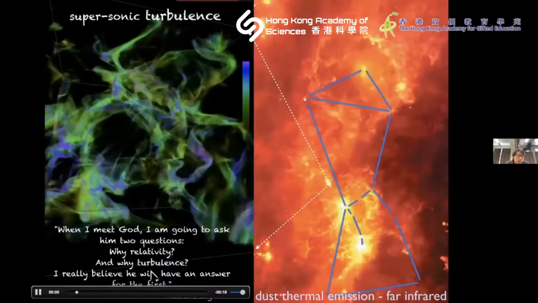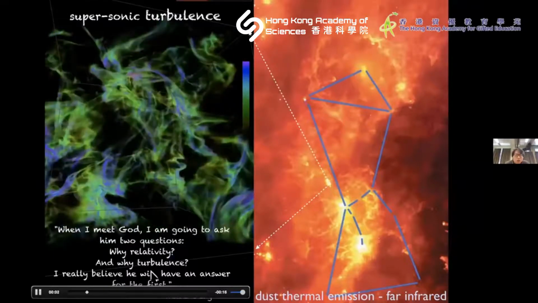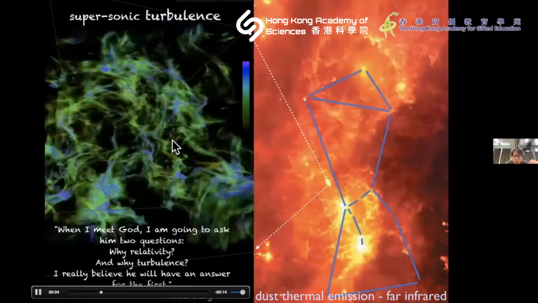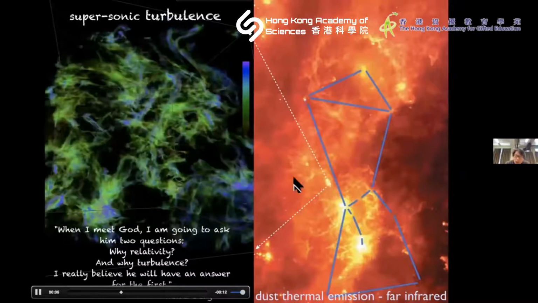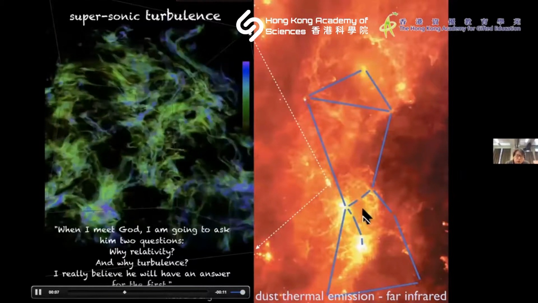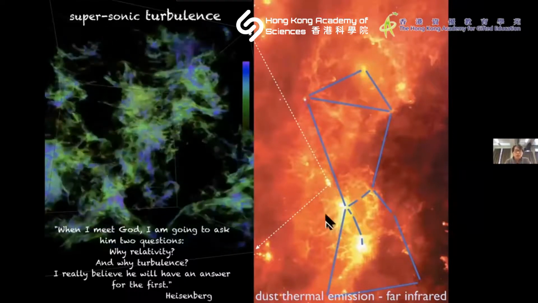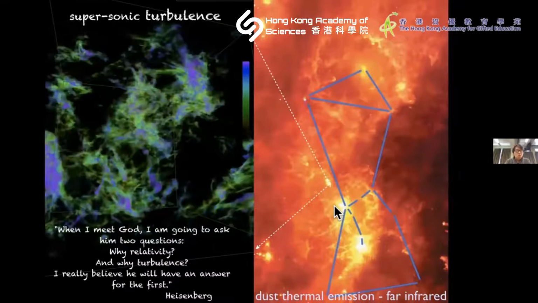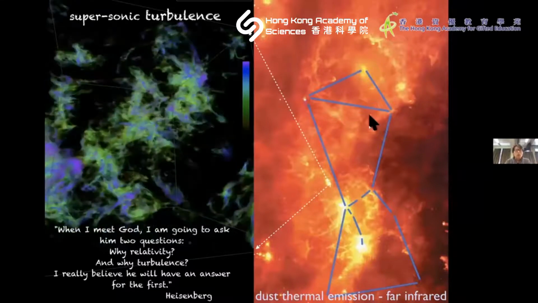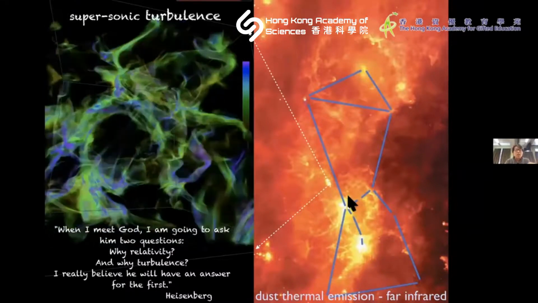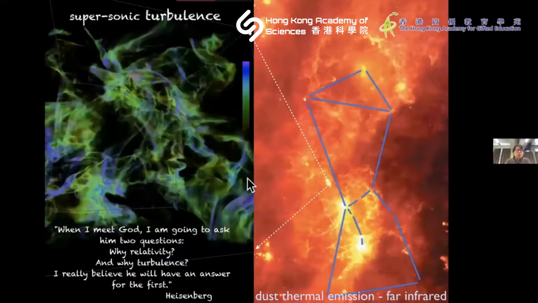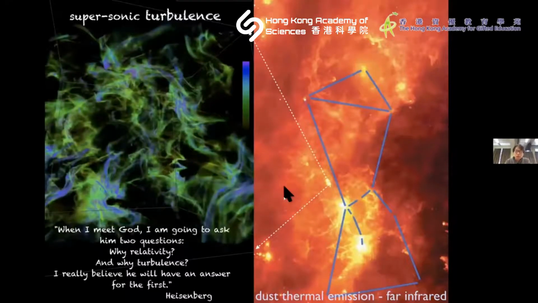Even Heisenberg agreed, right? Turbulence is really difficult. But at least we know that's why the cloud doesn't go through free fall. So one more property we know: so far we know the mass, the density, the temperature, and now we also know the internal velocity. So we are moving forward.